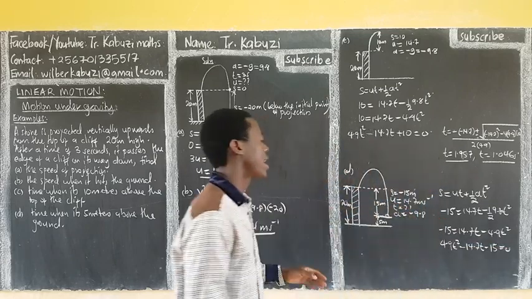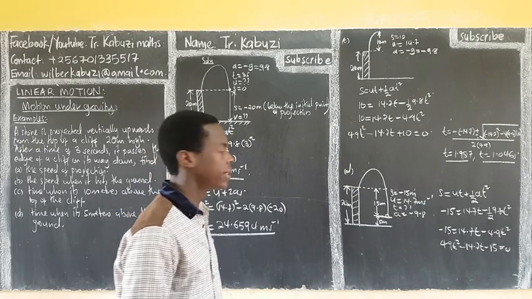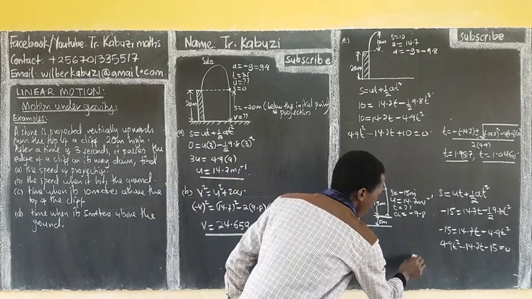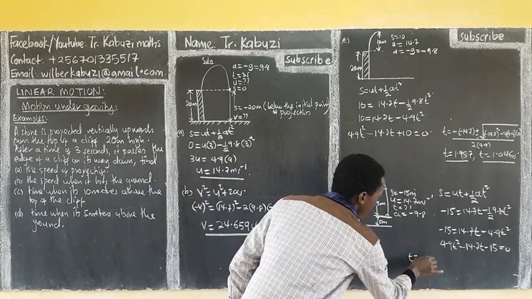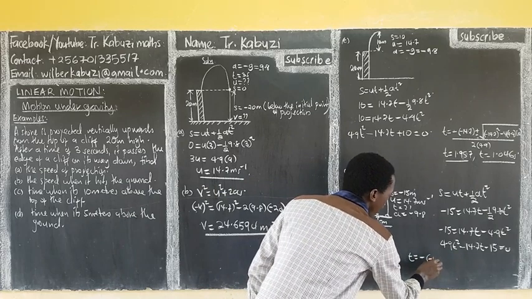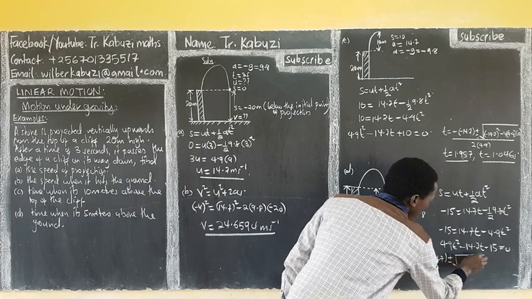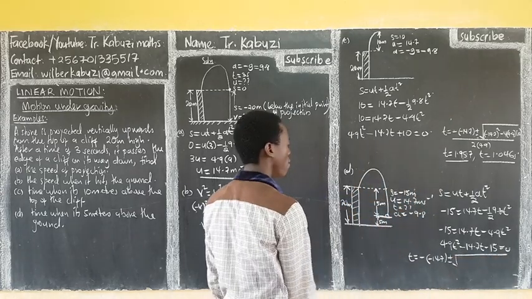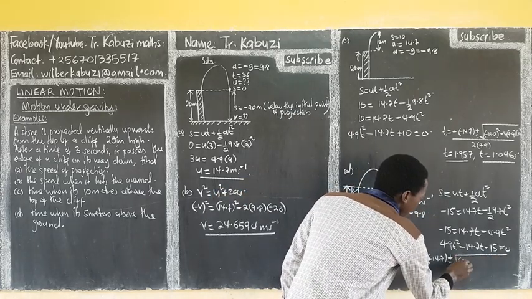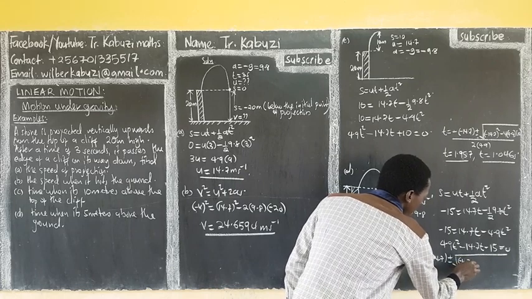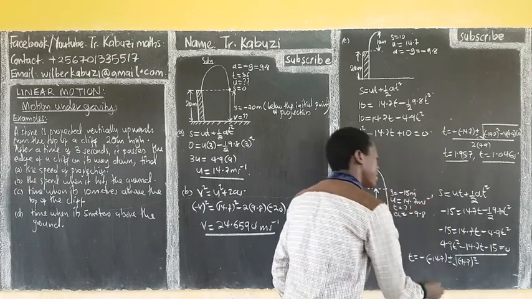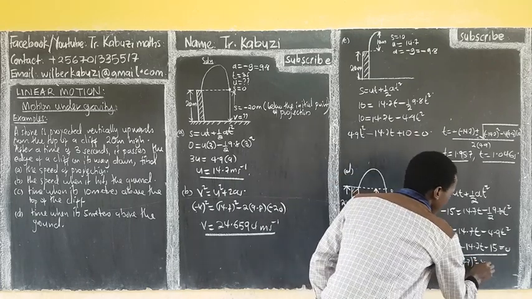From there, we can't get accurate roots by factorizing. So what do you use? You come and state your quadratic formula to be negative of 14.7 plus or minus the square root of negative 14.7 squared minus 4ac.